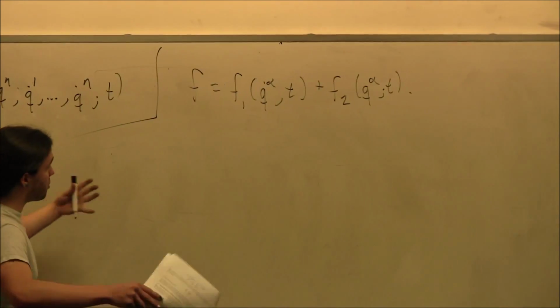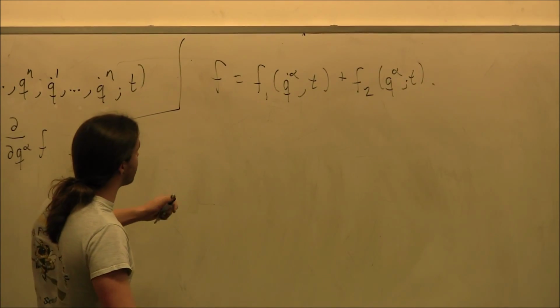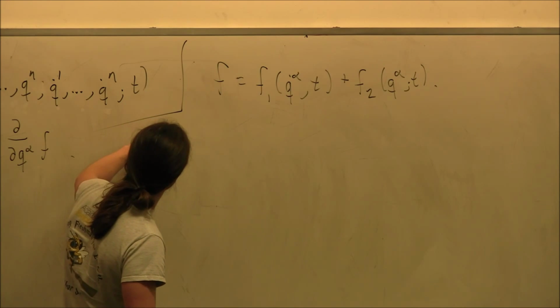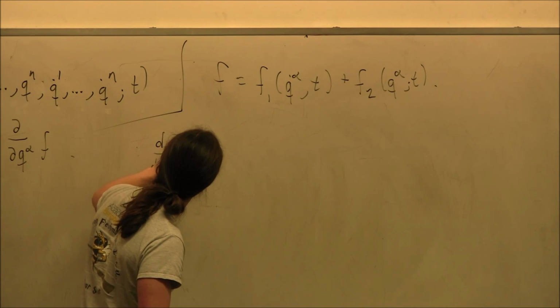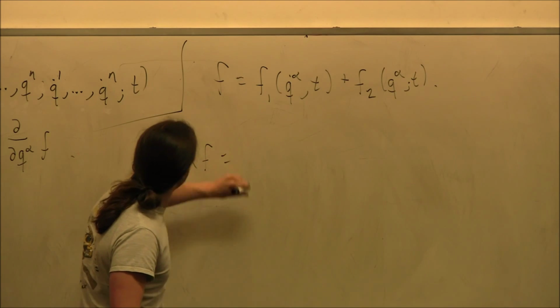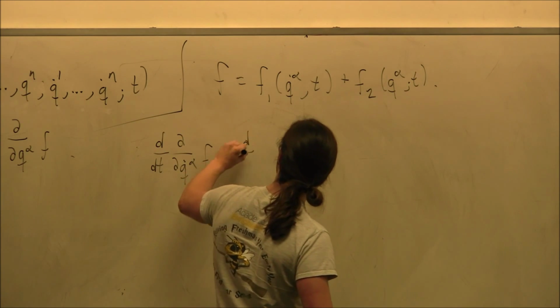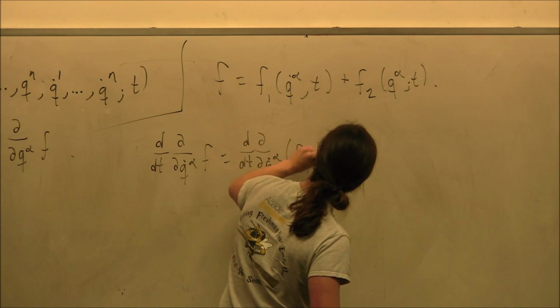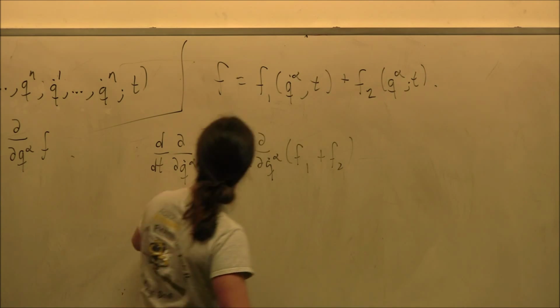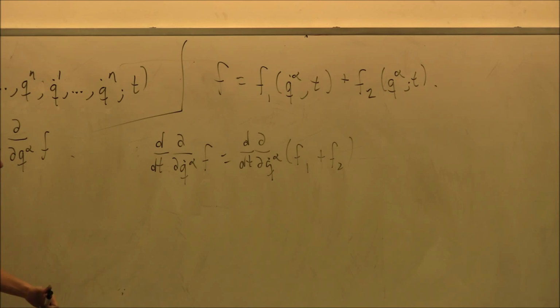So if we have that situation going on, if we were able to separate it through addition like that, then our Euler-Lagrange left-hand side would say this. This is equal to f1 plus f2, just inserting that definition of f explicitly there.